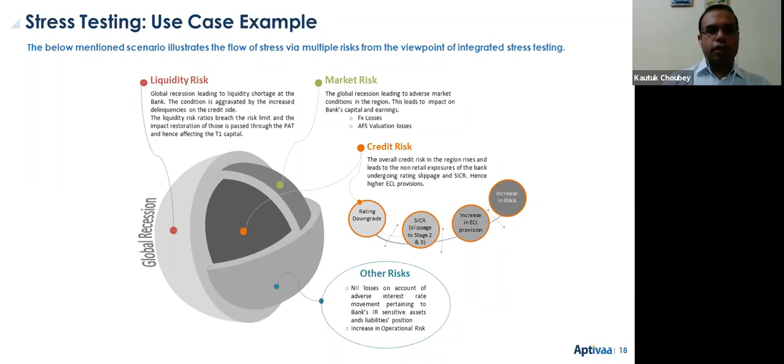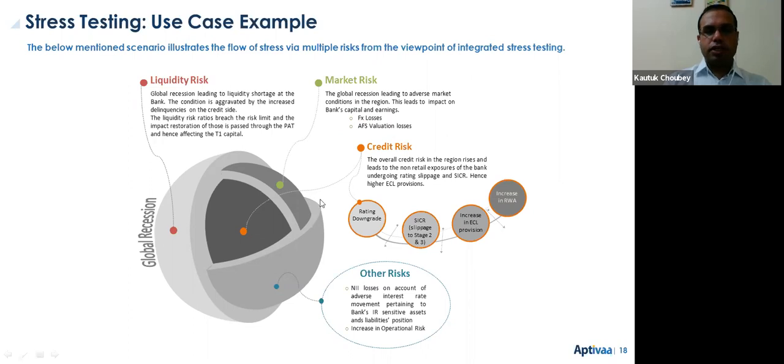So this causes the liquidity risk, whereas because of the global recession, the adverse market conditions in the region also impact the bank's capital and earnings, which eventually impact the AFS valuation losses and the FX positions as well due to adverse movements.